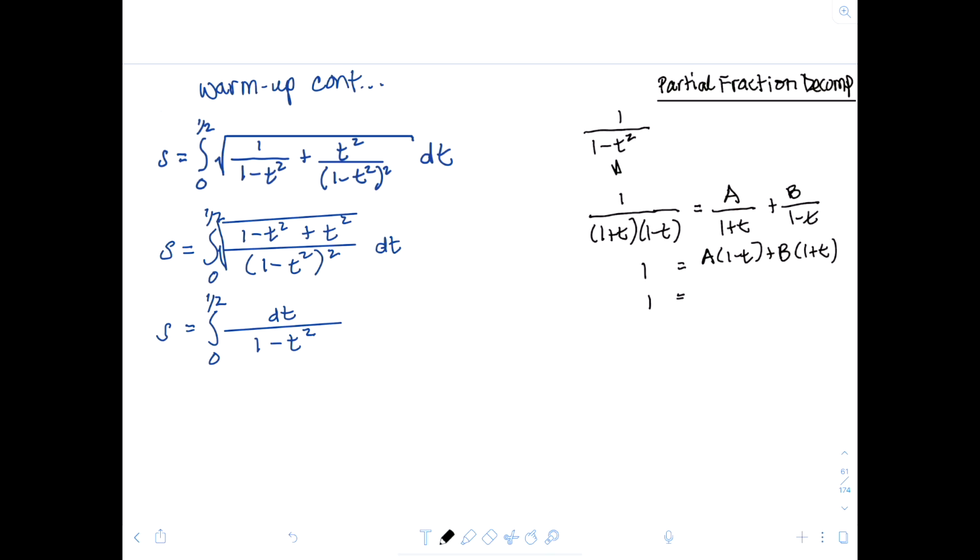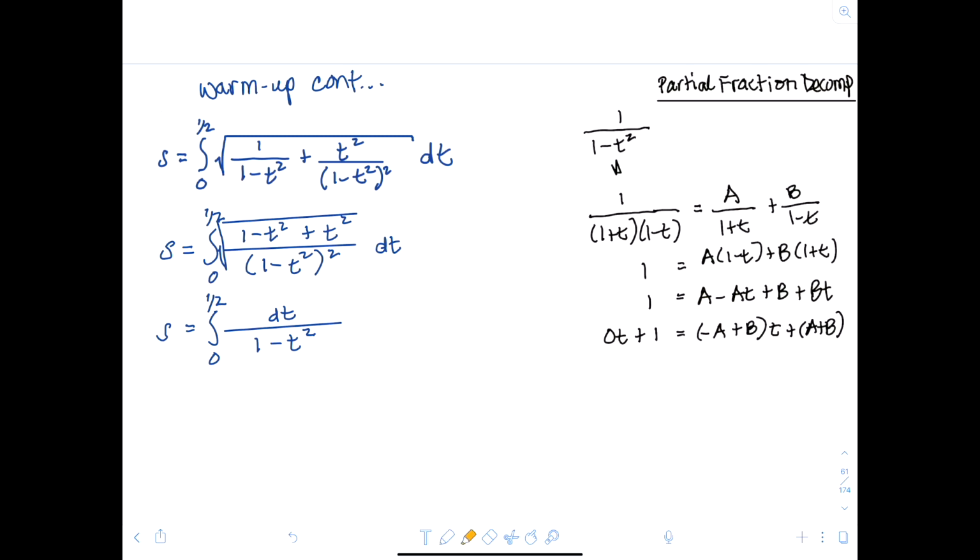So we'll get 1 is equal to A minus A times t plus B times t. Now we have 0 t's on one side, but we have t terms on the other side, and then we have our 1 as a constant. So for our t's, we have negative A plus B times t, I'm factoring the t out to the right, and then we've got plus A plus B. Cool so far?